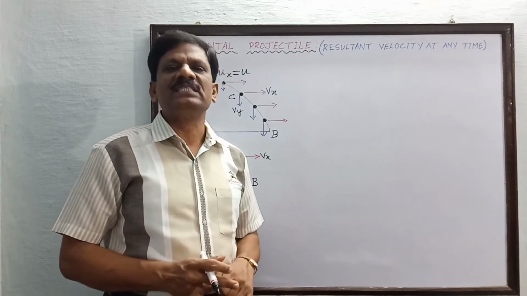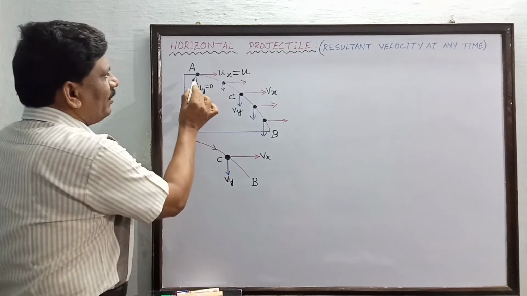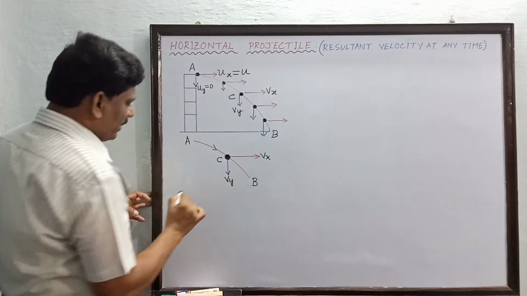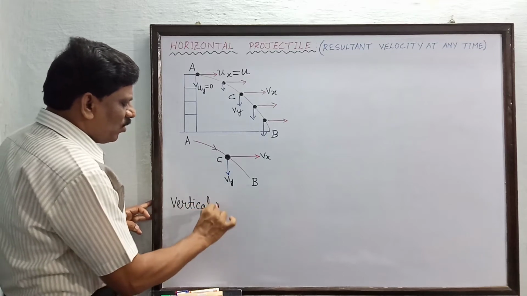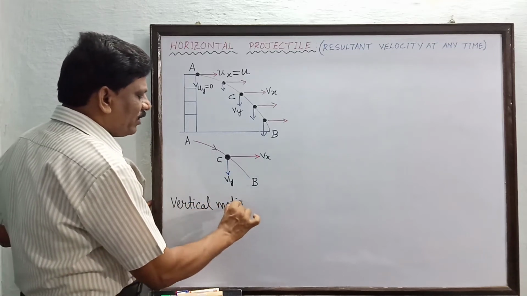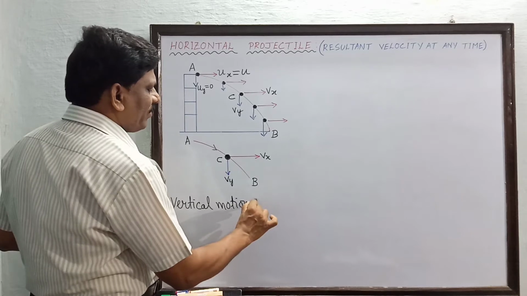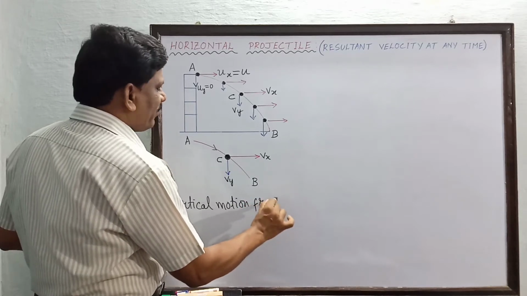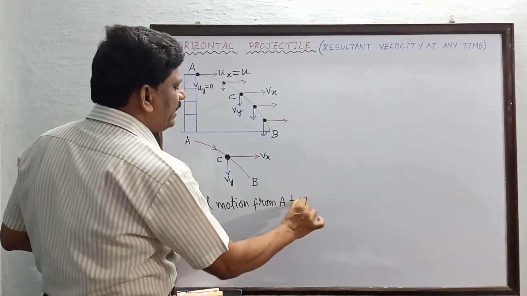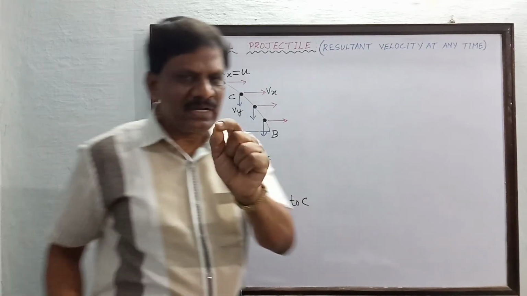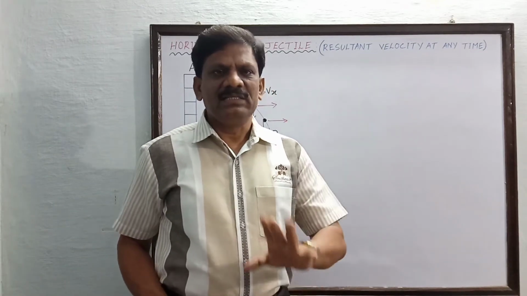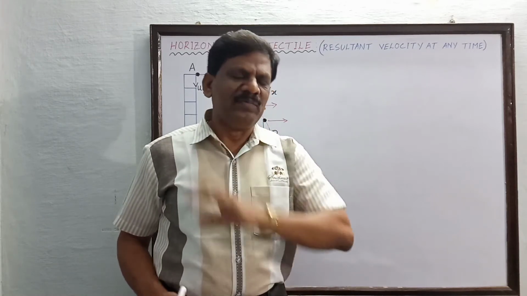There is no acceleration, so the velocity remains the same. Anyhow, just for derivation's sake, I will consider the vertical motion of the body first, from A to C. Will it take some time to travel from A to C? Yes, the symbol small t is used for that.